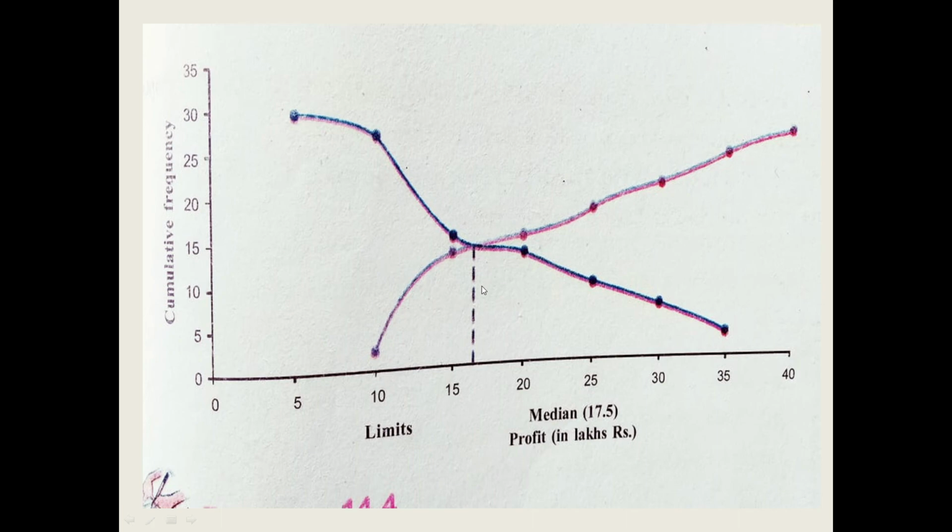These two are intersecting at one point. From that intersecting point, we can take a perpendicular line to the x-axis.